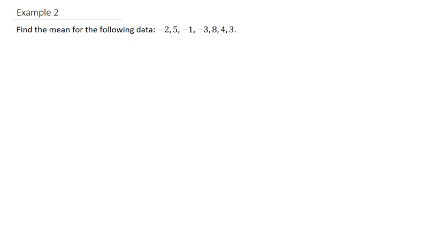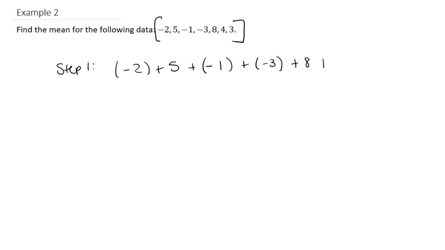Example 2. Find the mean for the following data. We have -2, 5, -1, -3, 8, 4, and 3. So all we're going to do is add up all these numbers together. So our step 1, we got -2 plus 5 plus -1 plus -3 plus 8 plus 4 plus 3.